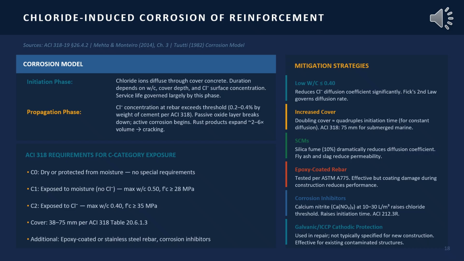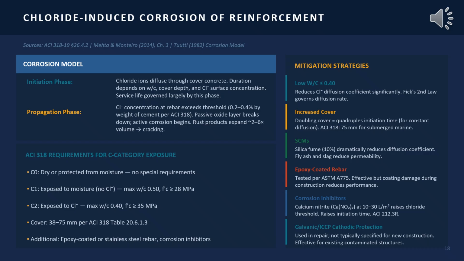The initiation phase ends when the chloride concentration at the steel surface exceeds a critical threshold. ACI 318 sets this threshold at 0.2% chloride by weight of cement for structures in moist conditions exposed to external chloride.